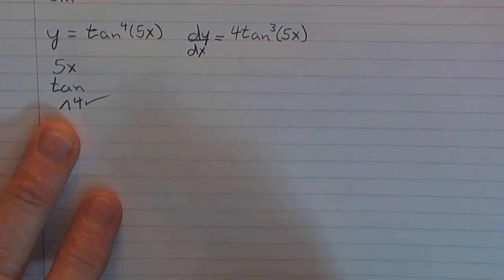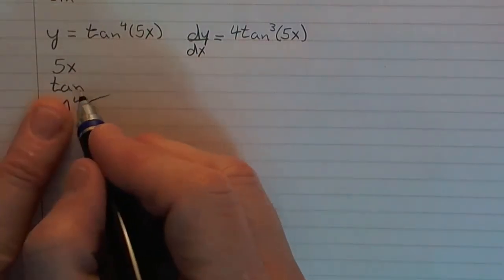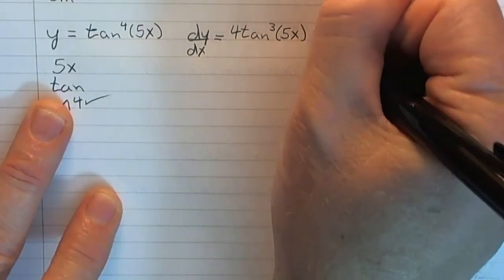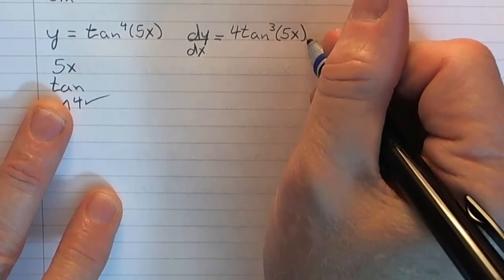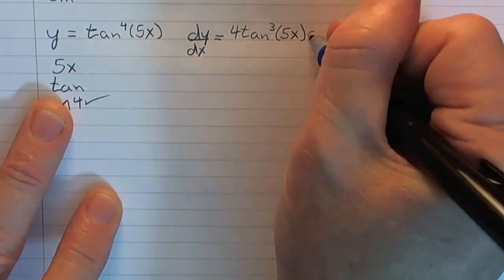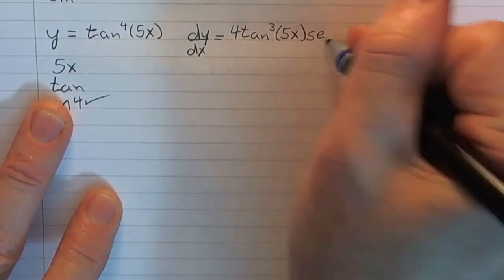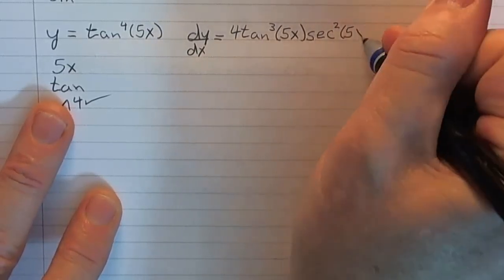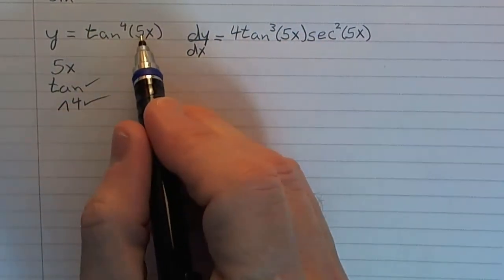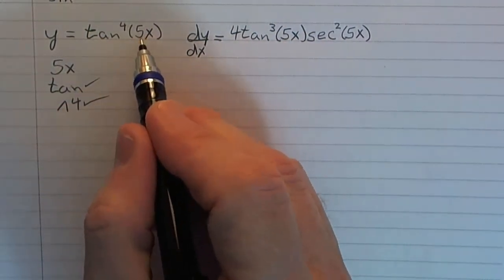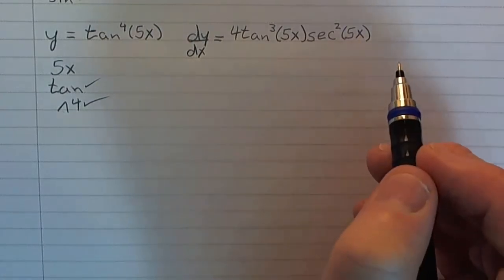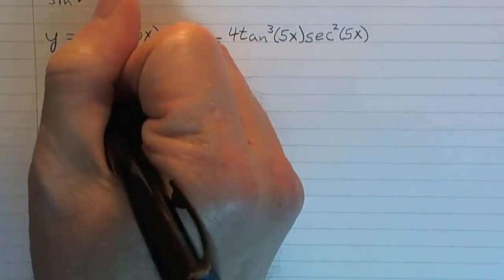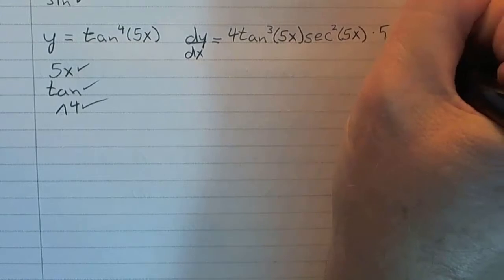Okay, I check that off. Then the next thing is the tangent. So I differentiate tangent. Now notice I'm not doing plus, I'm just multiplying it. Secant squared, and it's still 5x. That doesn't change. The trig function is a trig function of 5x, not just x. And then finally I've got the innermost, which is just 5.